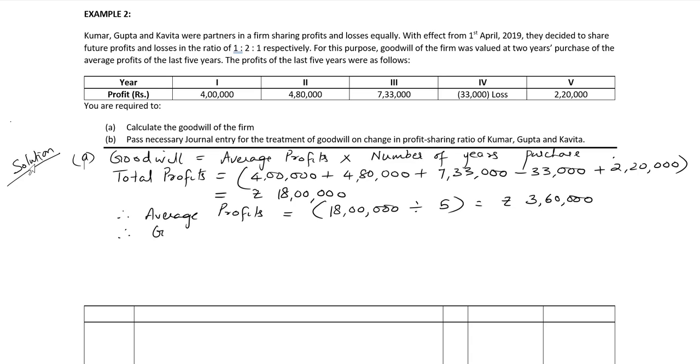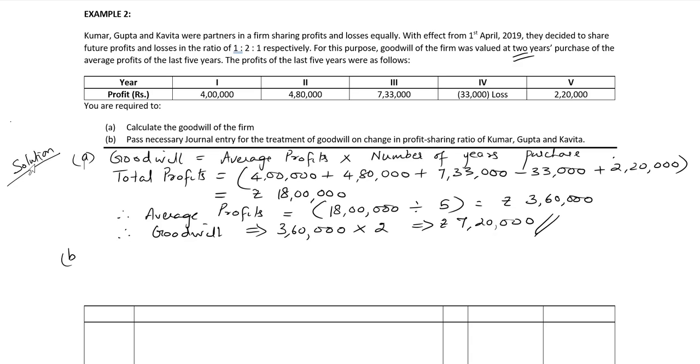Therefore, goodwill is equal to average profits, which is 3,60,000, into the number of years purchase. They've asked us to take 2 years purchase, and this is equal to rupees 7,20,000. So the rupees 7,20,000 is the value of goodwill of the firm.